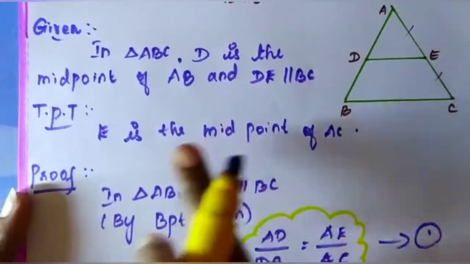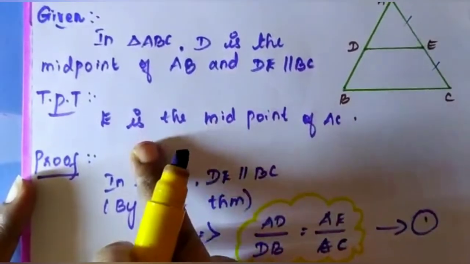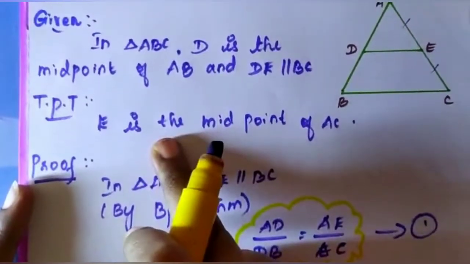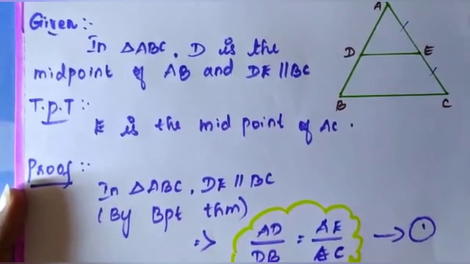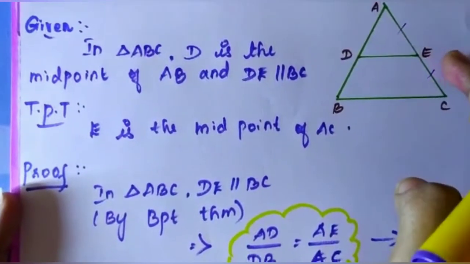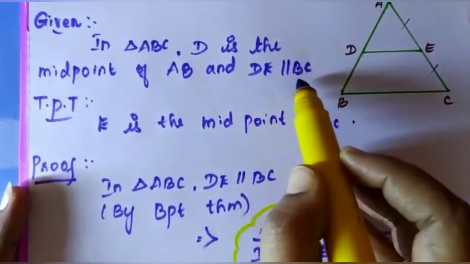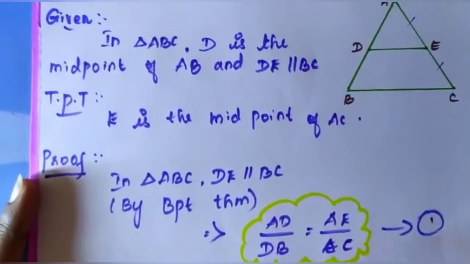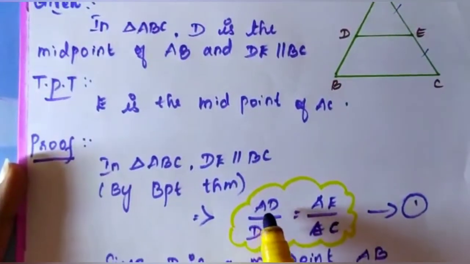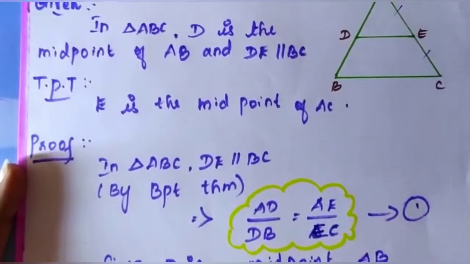So first, given: ABC is a triangle, D is a midpoint of AB and DE is parallel to BC. You have to prove that E is a midpoint of AC. To prove E is a midpoint of AC, we have to show that AE is equal to EC. If these two sides are equal, we can tell that E is a midpoint of AC. From the given, DE parallel to BC, by applying the BPT theorem, AD divided by DB is equal to AE divided by EC.